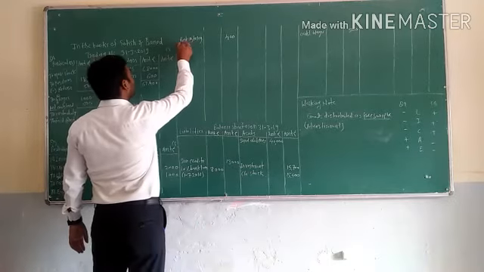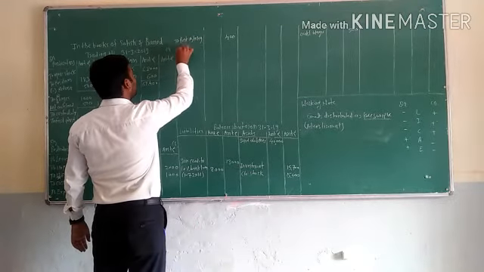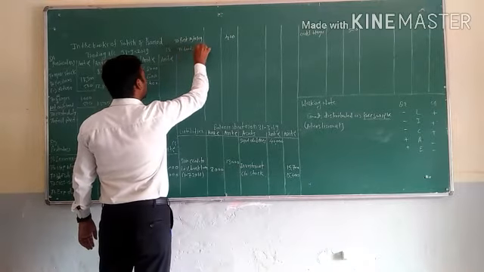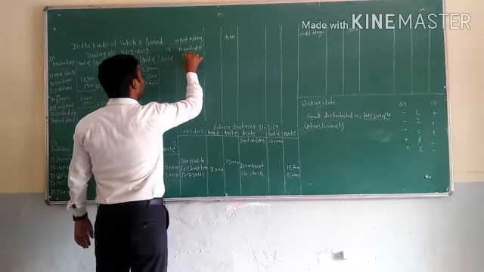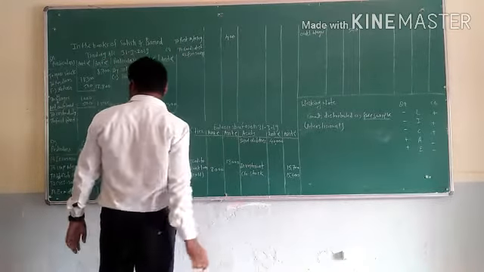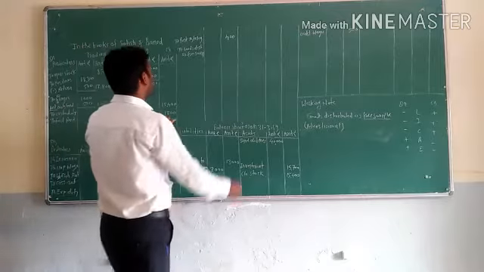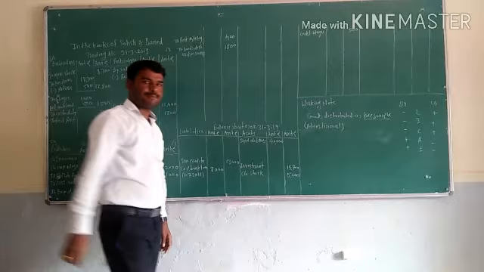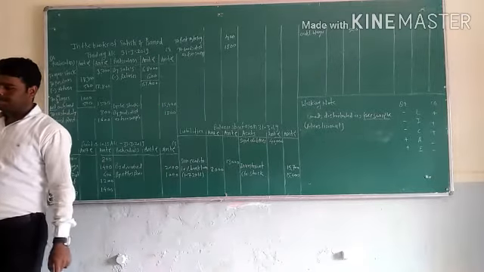So record the transaction, goods distributed as free sample, and the amount is 1,800. These are the two effects of the adjustment.